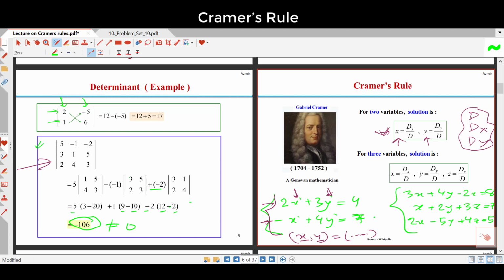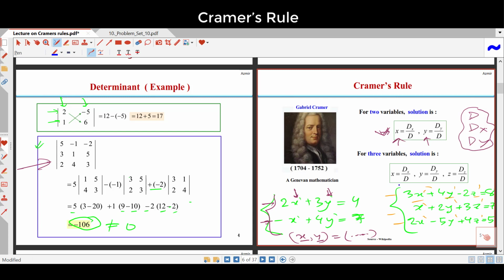So this time we have three equations with three variables x, y, z. All these equations are linear equations because x, y, z have power 1. So we have a system of linear equations.